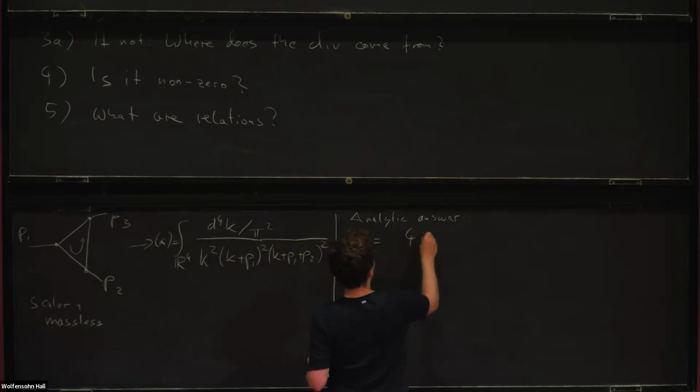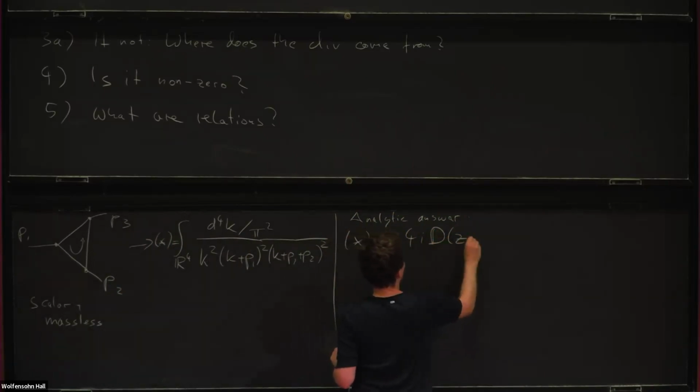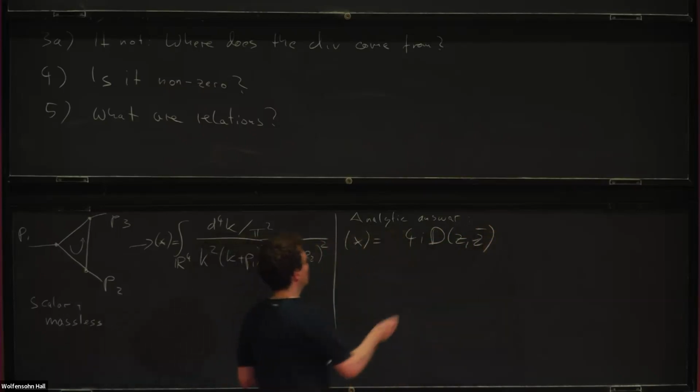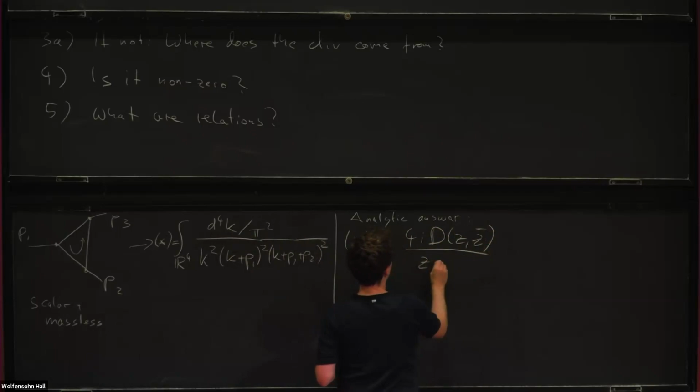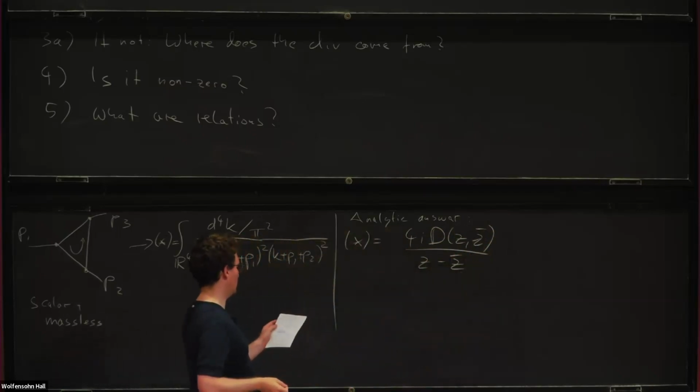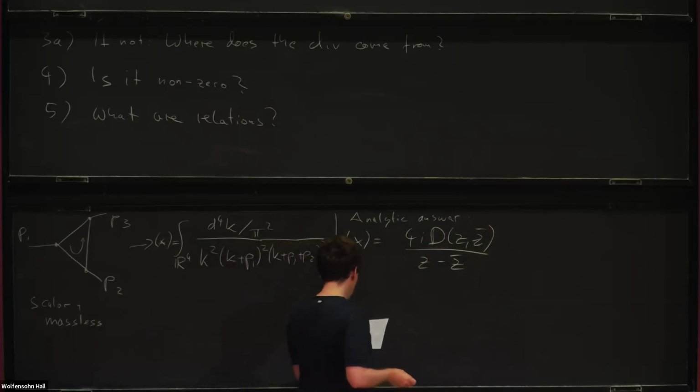So it's 4i times something which is called D of z and z bar over z minus z bar. So these are just symbols, but they have a meaning.